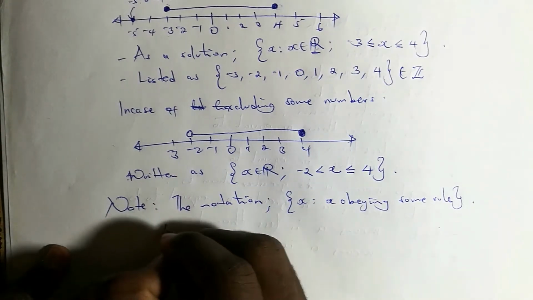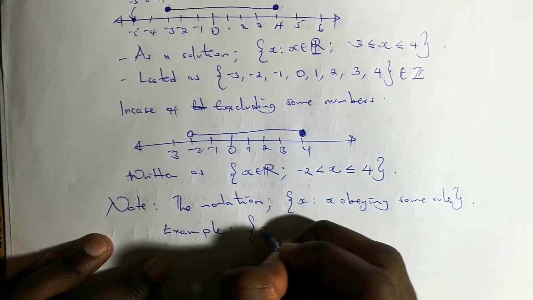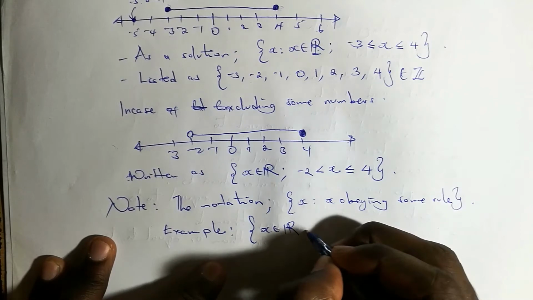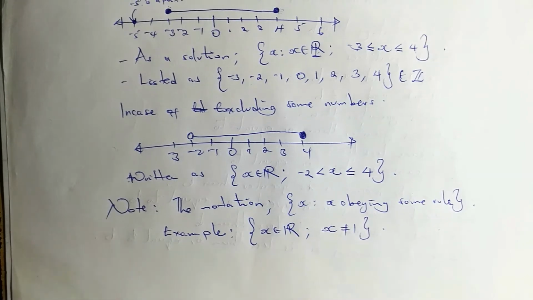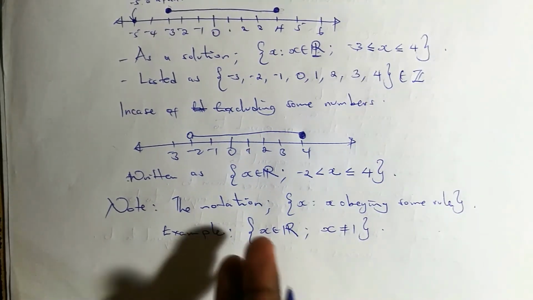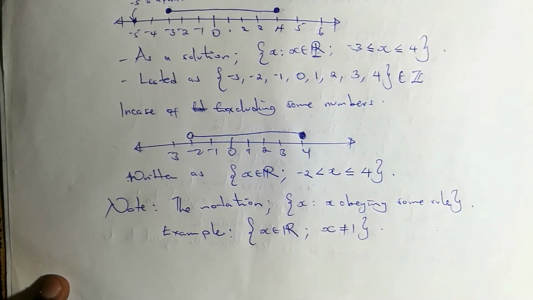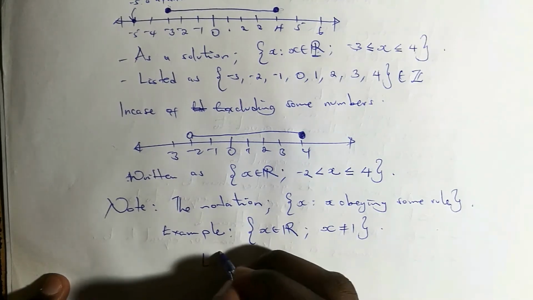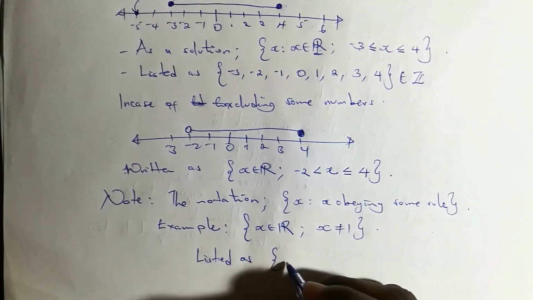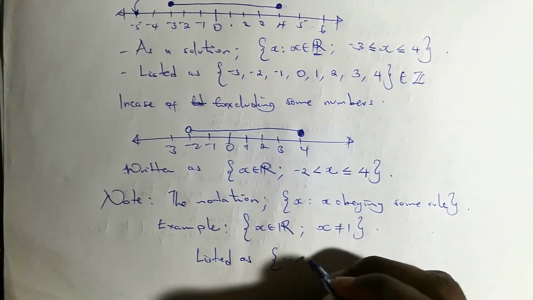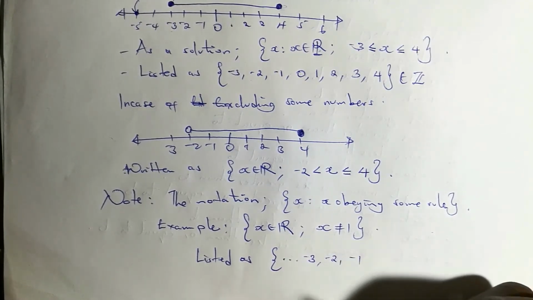Let me say, for example, we can have x in a real set for x not being 1. So in case we want to list these real numbers, x in this real set, but we won't be able to include 1, we can list that as real numbers stretching from -infinity to -3, -2, -1.